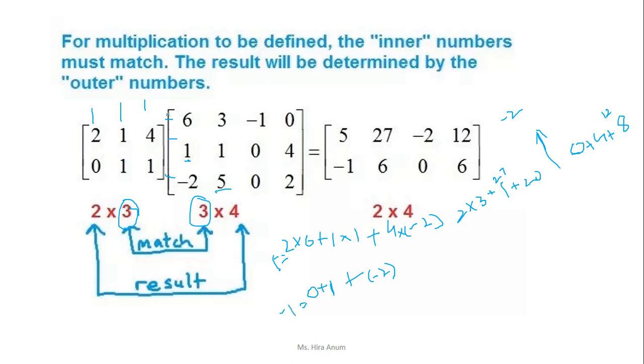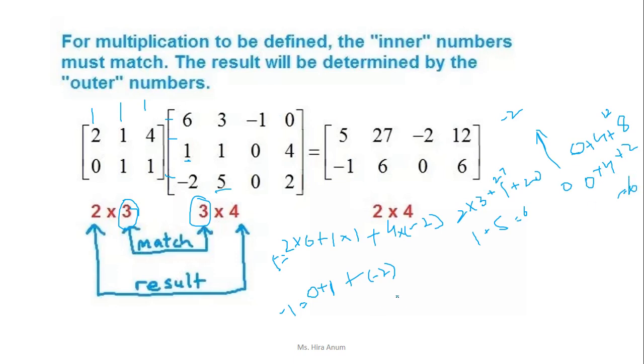So 0 multiply 3 is 0, 1 multiply is 1, plus 1 multiply with 5 is 5, answer will be 6. 0 multiply with minus 1 is 0, 1 multiply 0 is 0, then this is 0. This multiply with 0 is 0, plus 1 multiplied with 4 is 4, and 1 multiplied with 2 is 2, which is equal to 6.